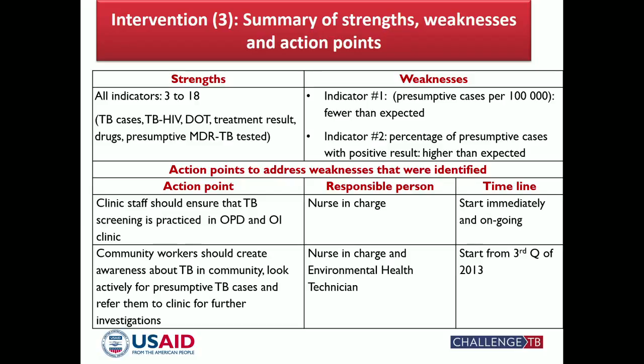These are just examples of what they could do. For example, clinic staff should ensure that TB screening is practiced in OPD and OI clinic, having noted that maybe the number of presumptive TB patients identified in that area were fewer than the other areas. And then they would allocate the person to do that and come up with specific time-framed recommendations to address the gaps. Next slide.